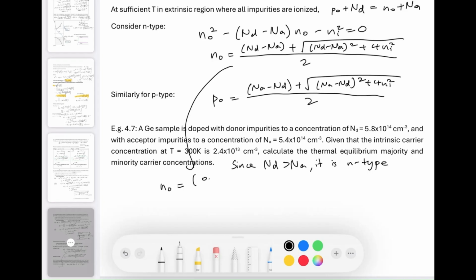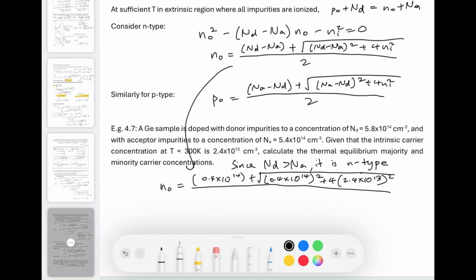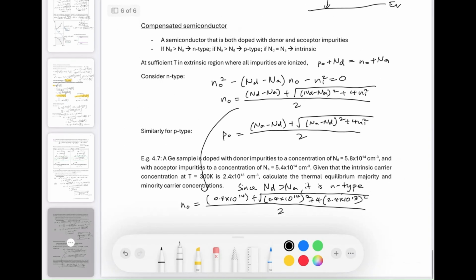It's just 0.4 times 10 to the power of 14 plus root of, okay, I'll just take 0.4 immediately again, over 2. And what is this? This is just 5.12 times 10 to the power of 13 per cm cube.